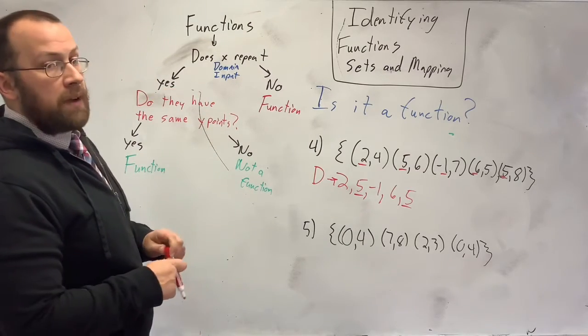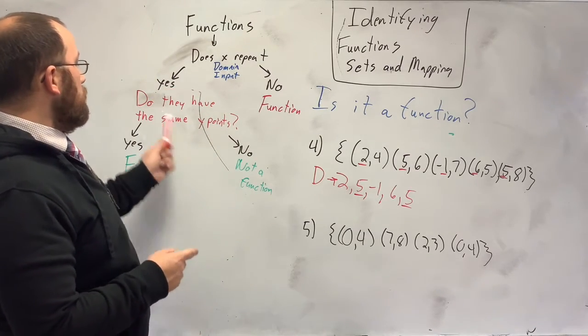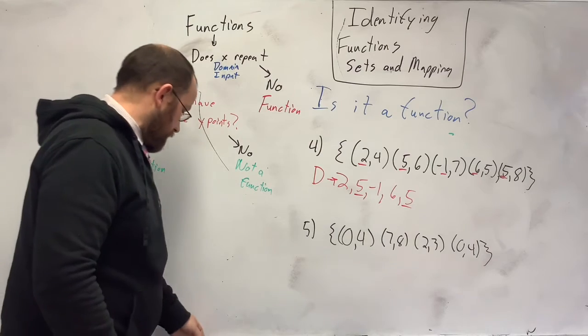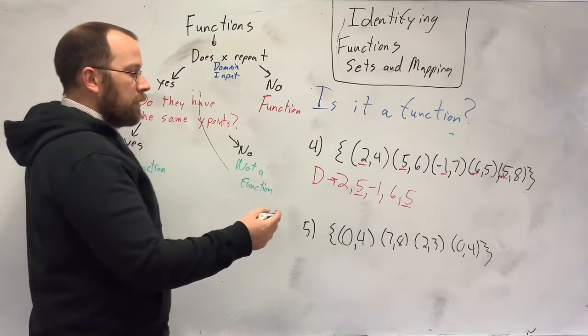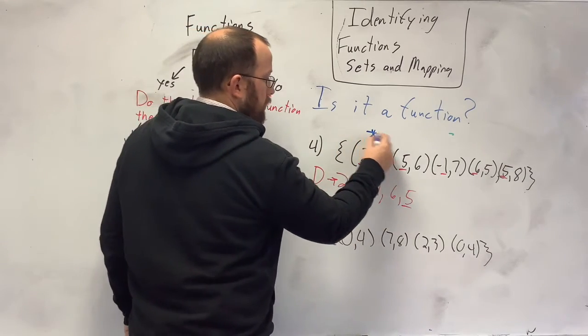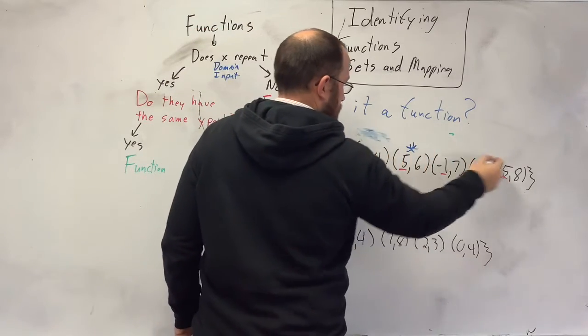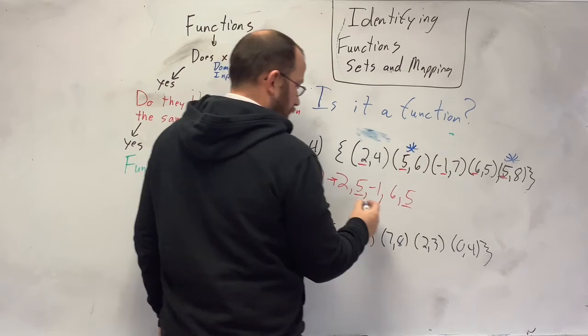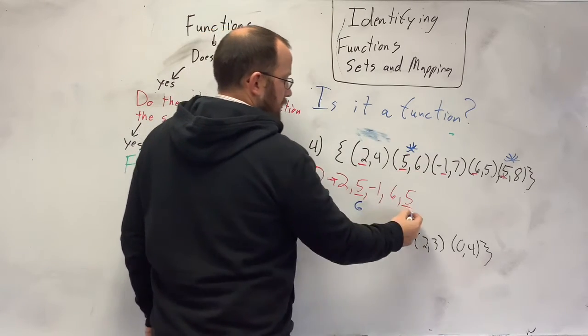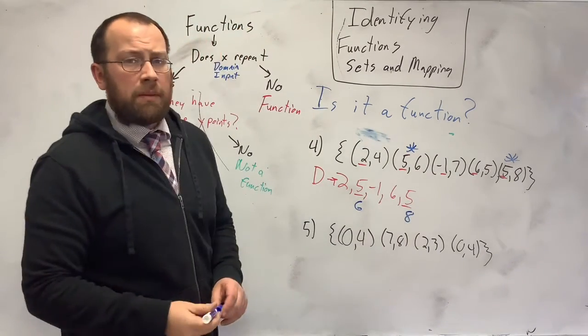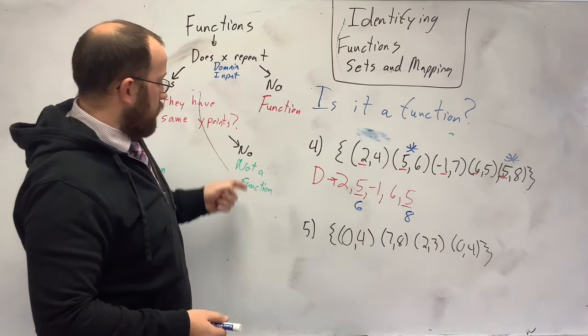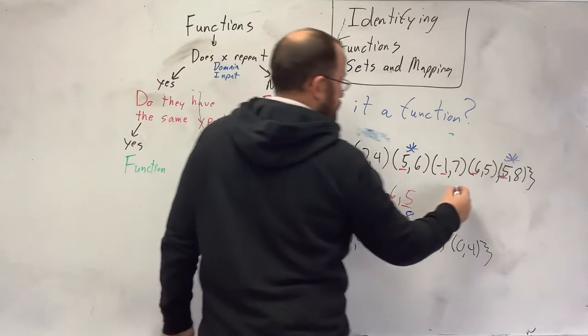So now we have to ask ourselves, do they have the same y points? Now I don't have to look at all of them. I'm only looking at the 5s. This one has a 6, this one has an 8. Are 6 and 8 the same number? No, not a function.